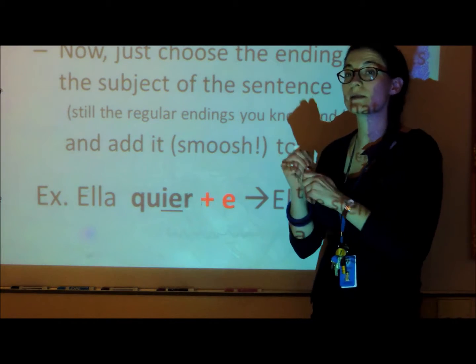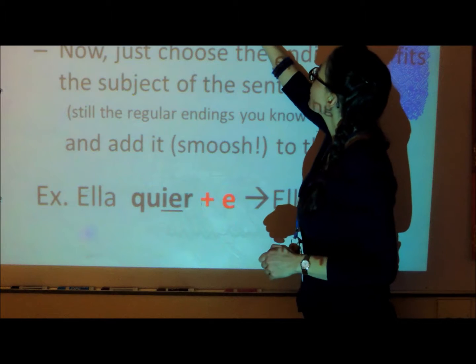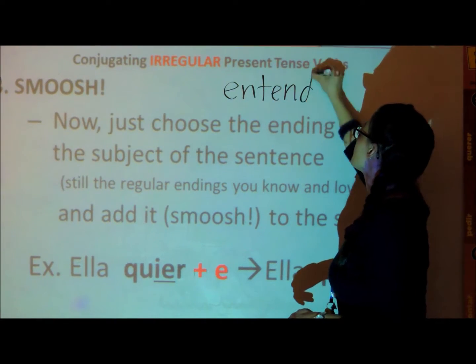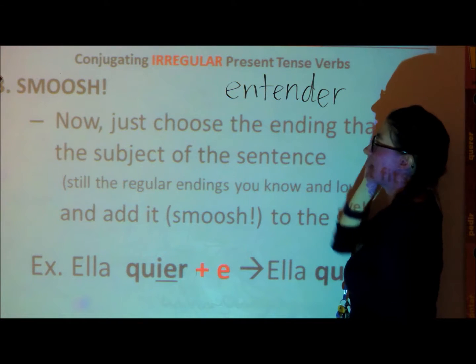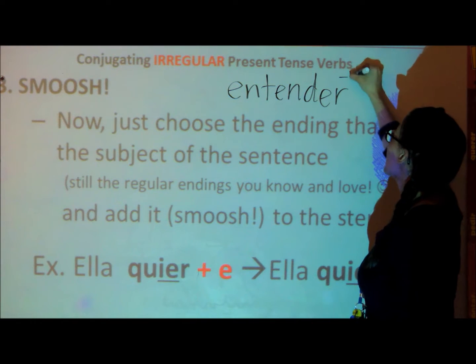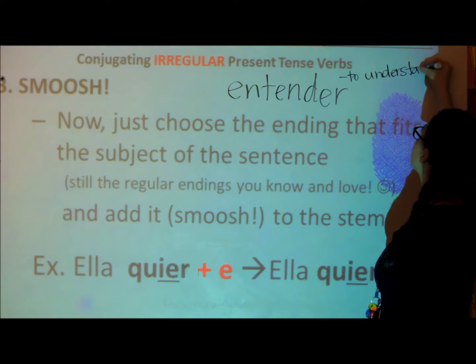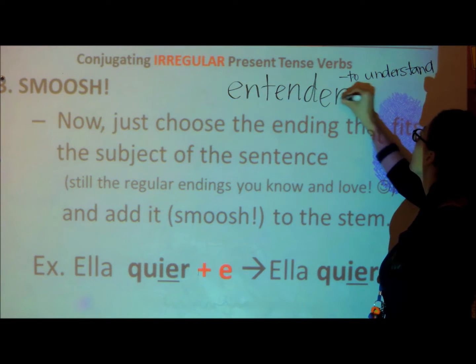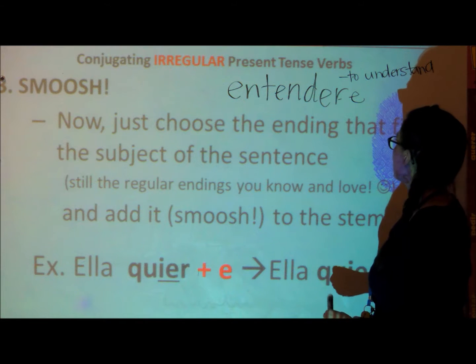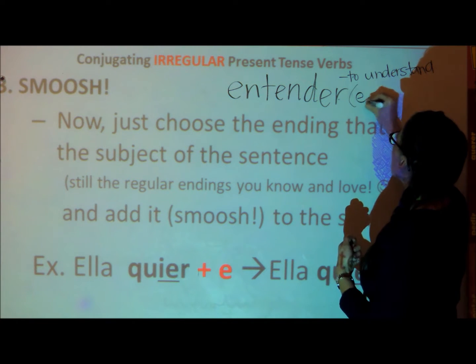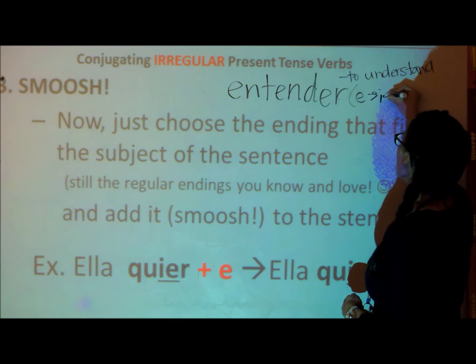The one thing I do want to make sure that you guys get, there might be a verb that, for example, entender. Entender means to understand. And it is an E to IE stem changer.